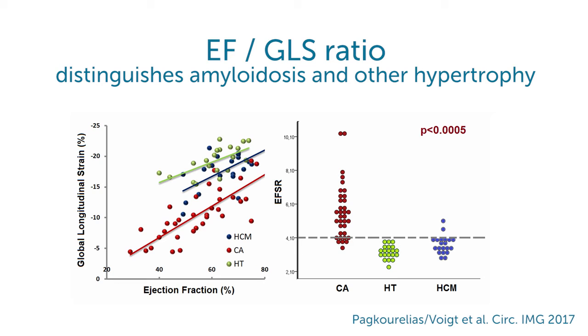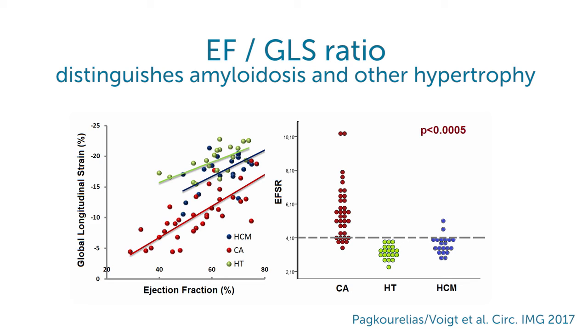And we have compared strain and ejection fraction in patients with cardiac amyloidosis, in patients with hypertension, and in patients with hypertrophic cardiomyopathy. And we tried to calculate the ratio between the ejection fraction and the global longitudinal strain.